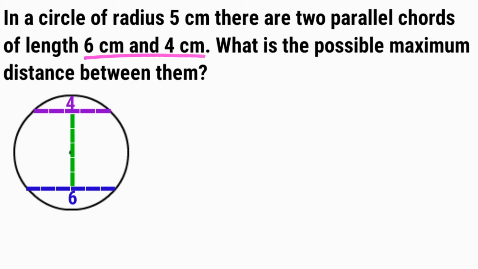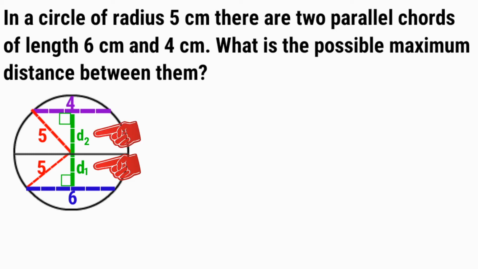The possible maximum distance between them, or dm, and the radius 5 centimeters. Since the dm is perpendicular to the two parallel chords, it forms two right triangles. We will label the opposite sides as d1 and d2.